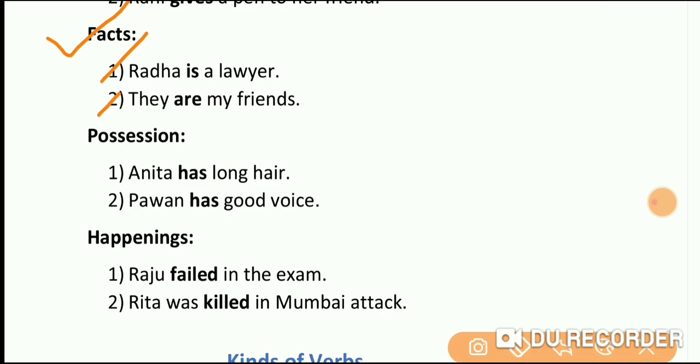They is a pronoun here. To show the existence of Radha and they, we use two different words such as is and are. They show the beingness or the existence of nouns or pronouns. So they speak about the fact of a noun or pronoun. This is the second use of verb.